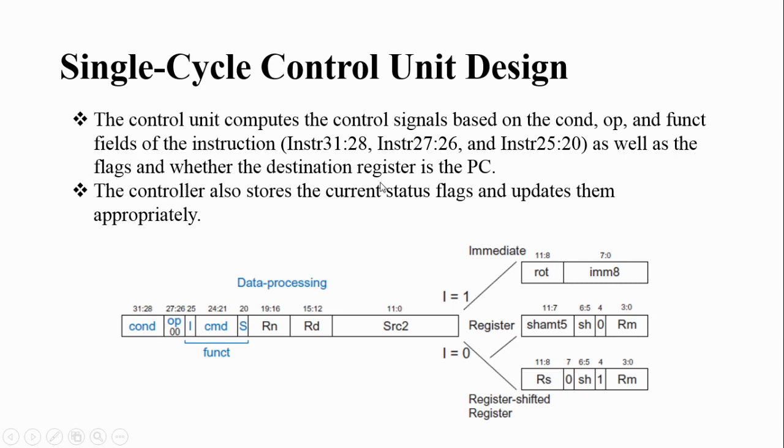Then it can also modify the PC if the destination register is given as R15 or PC. The control unit also stores the current status flags and updates them appropriately. Based on the arithmetic or logical instruction, your status flags will be changing, and if those changes are to be done, that also will be done by the control unit.